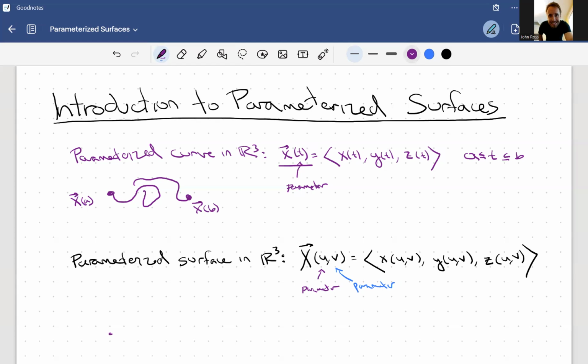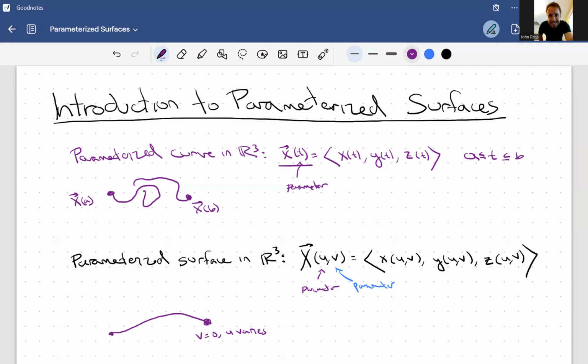So for a fixed v value, let's pretend it's just v equals 0, we might get a single curve here. So v equals 0 and u varies. U varies from its starting point to its ending point.